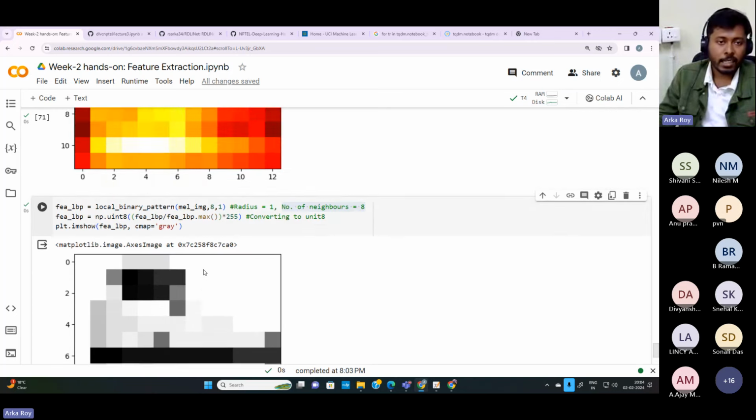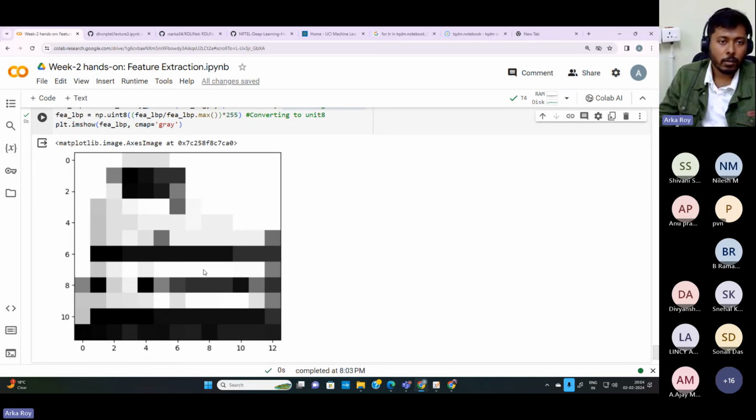So this basically ends week one's hands-on content. In week one, we have seen the feature extraction part. This covers almost each and every feature that we learned in the week one lecture. In the next class, I will be solving the questions related to week 2 and week 3.